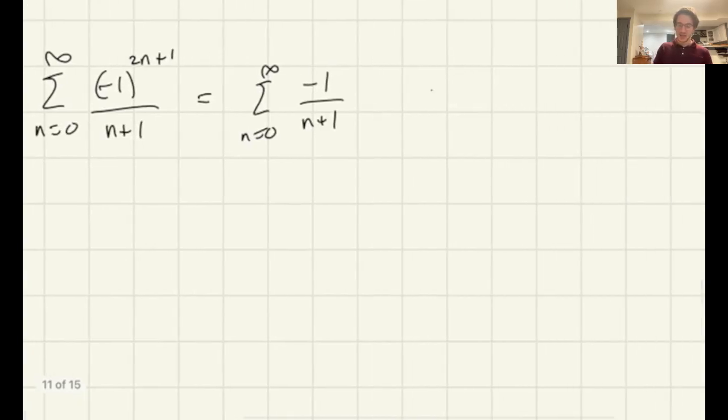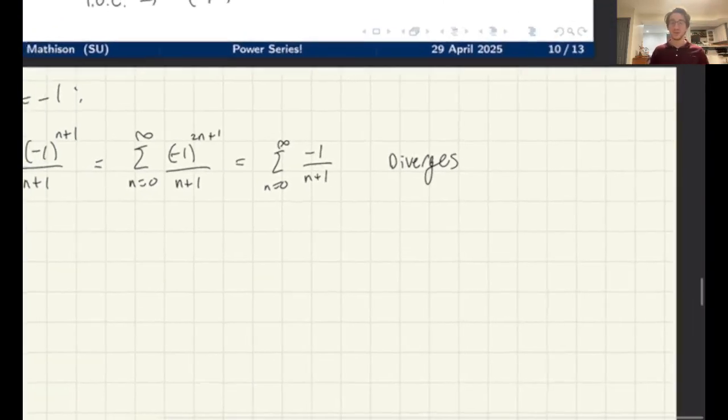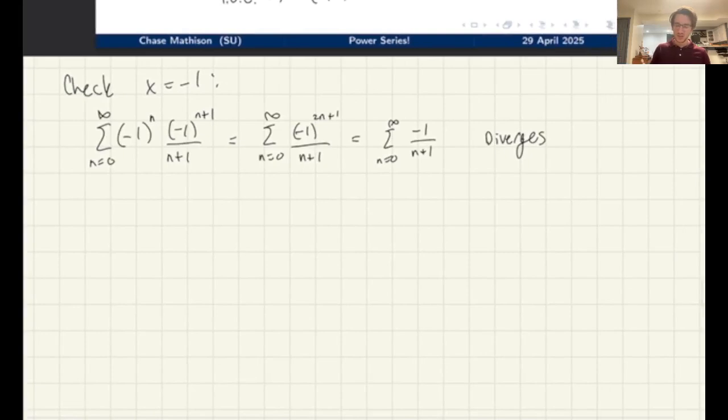And this diverges because this is just the negative harmonic series. It is not alternating. It is just like -1, -1/2, -1/3, -1/4, -1/5, which is the negative version of the harmonic series. So that diverges.